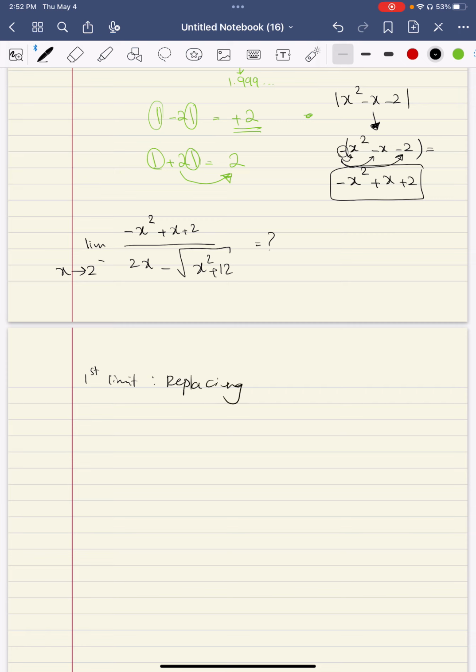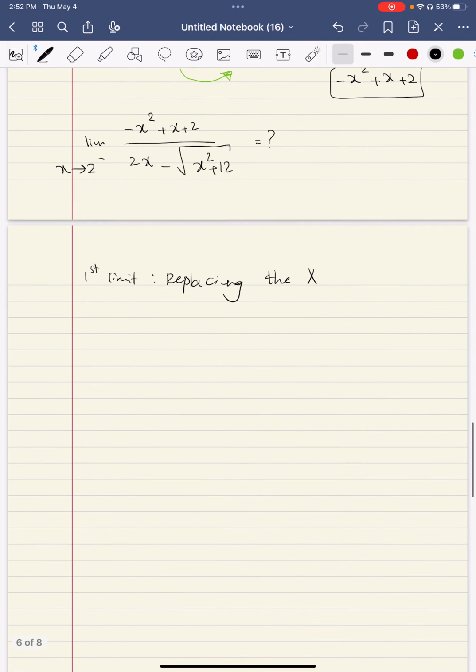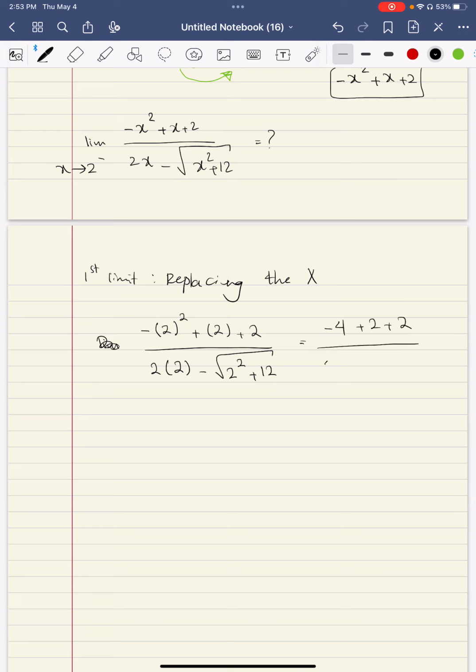Replacing the x, let's do it. So the upper part is going to be minus 4 plus 2, over 2 times 2 is 4, minus root of 4 plus 12, which is 16.